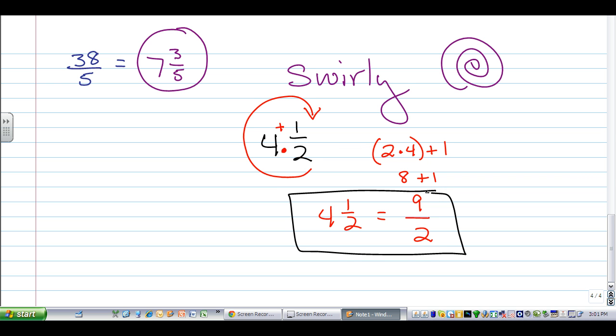And the great part is you can always check your work, because 2 goes into 9 how many times? 4. 4 times 2 is 8. And what's left over? 1. And the denominator stays the same. Okay? So when you have a mixed number, just give it a swirly and you can change it to an improper fraction.